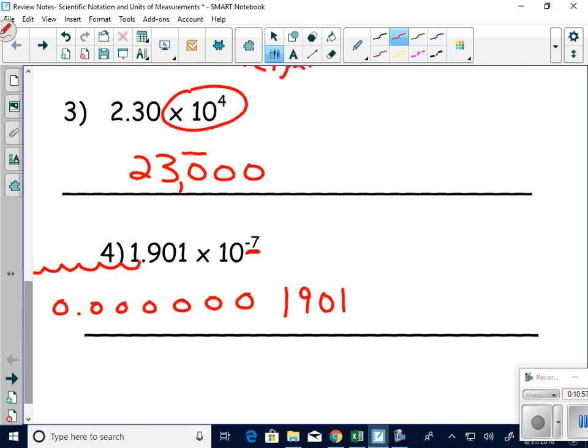Now, all of those zeros, those front end zeros, are all considered placeholders. They are not significant digits. So by showing this value, 0.0000001901, I have 4 sig figs. Yeah, Austin?